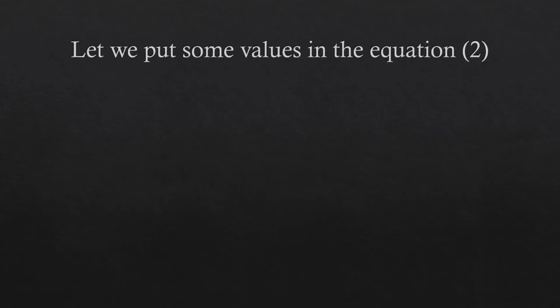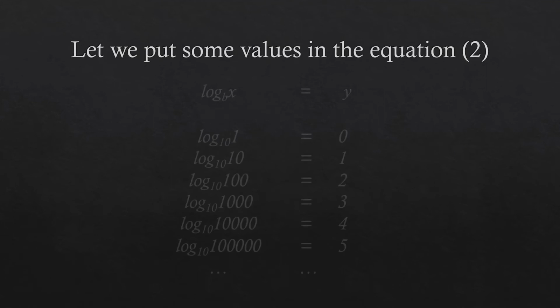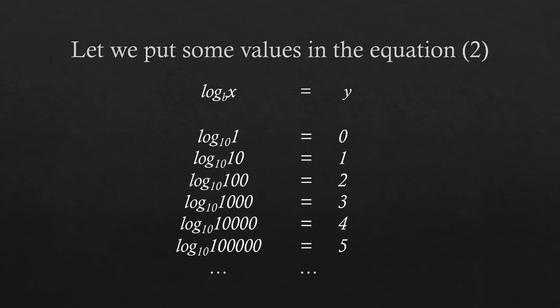Let me put some values in equation 2. Equation 2 is like this, and I have chosen the values for x from 1 to 100,000, for example, and these numbers based b equal to 10. And you can observe the changes on the right hand side.